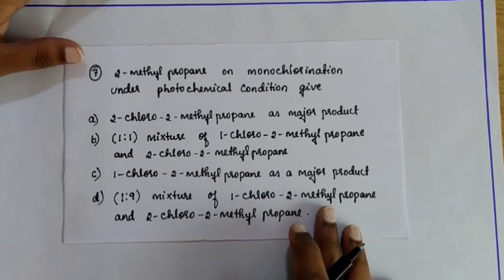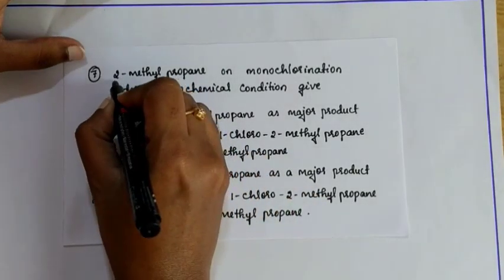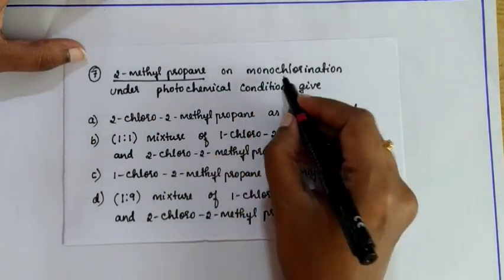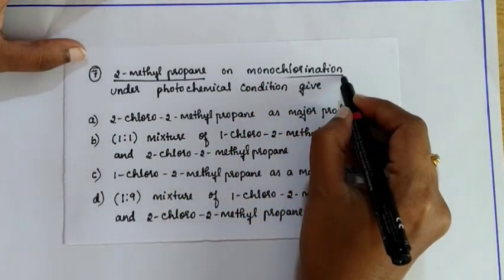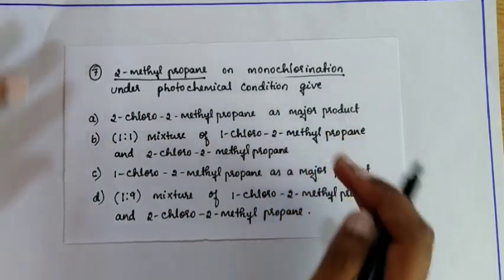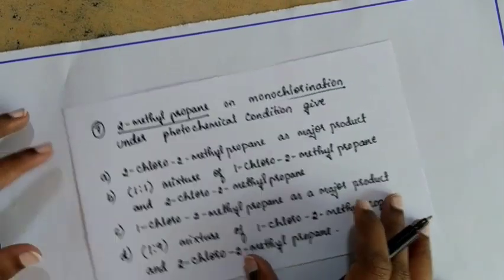Let us solve the next question. 2-methyl propane on monochlorination under photochemical condition gives. So let us write the reaction first.